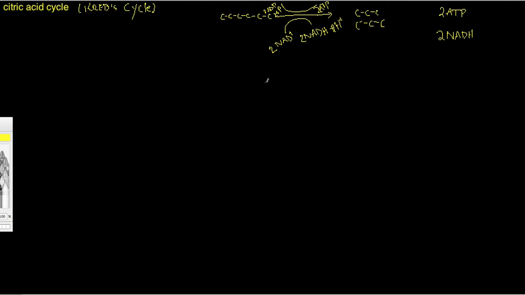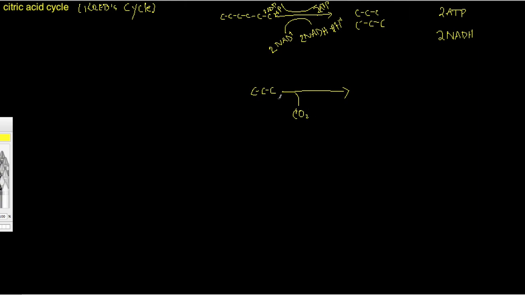So before going into the citric acid cycle, the pyruvate, I'm just picking up one of the molecules, goes through 3 processes so that it is ready to enter the citric acid cycle. One of the processes is that it releases carbon dioxide. So one of the carbons, we can say this one, is released.